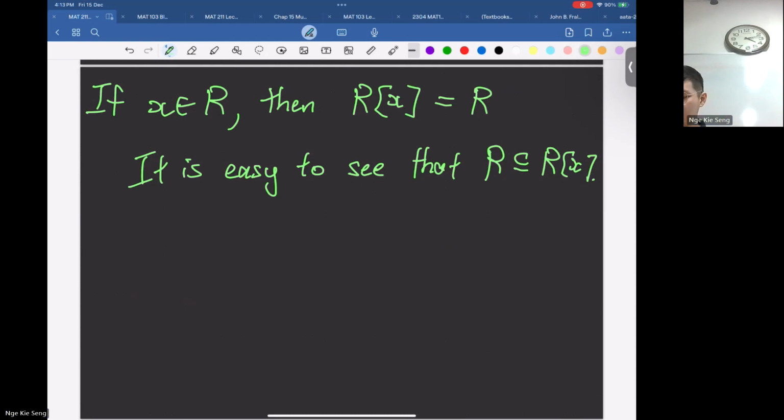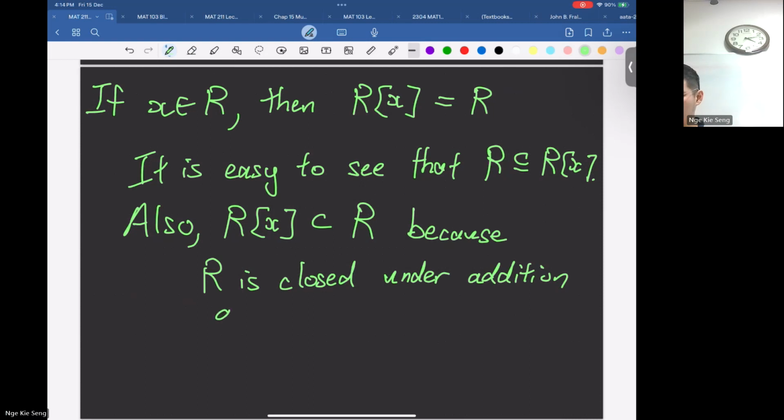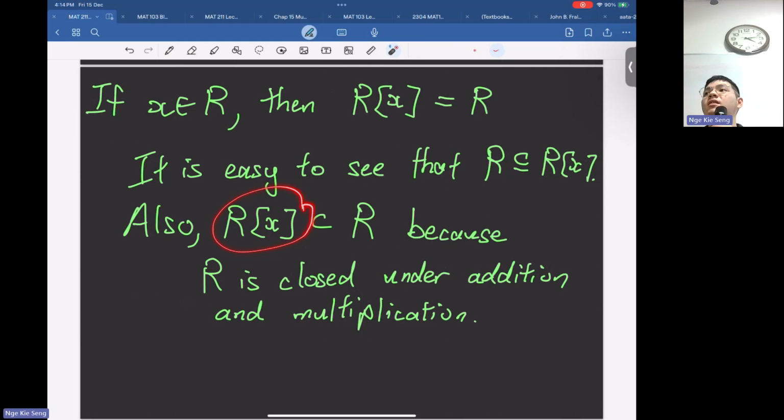Also, it's also in R because R is closed under addition and multiplication. So the question you asked me just now is about why a polynomial ring is a ring.